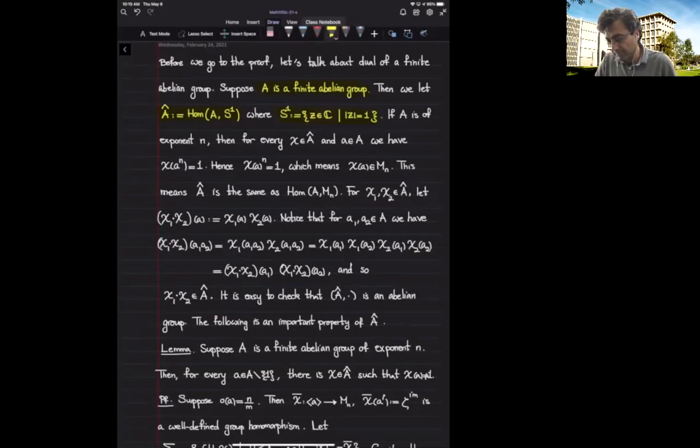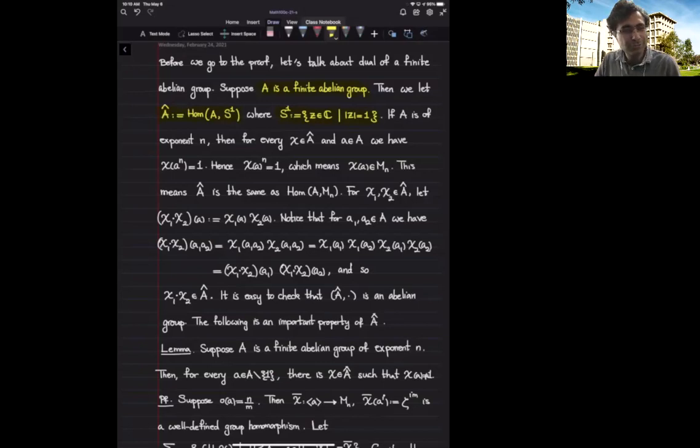We know that if Z1 and Z2 both have complex norm 1, then their product has complex norm 1, and therefore S1 is closed under multiplication. And in this set, the inverse of every element is the complex conjugate of that element, so it also belongs to S1. So it's a group under multiplication. And when I consider all the group homomorphisms from A to S1, the thing that we get, we call A bar.